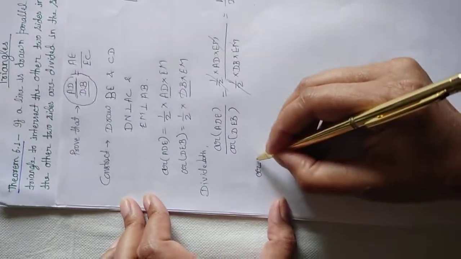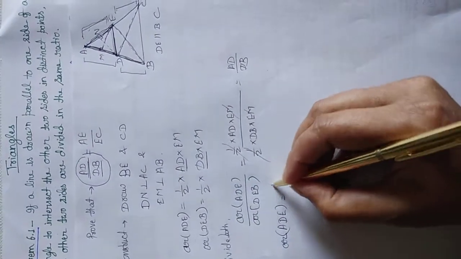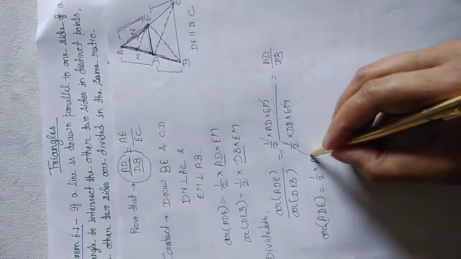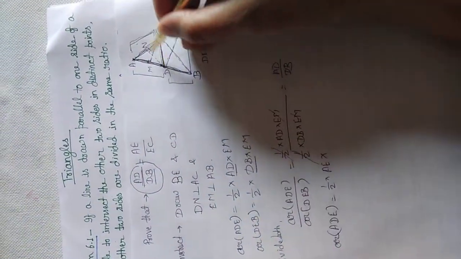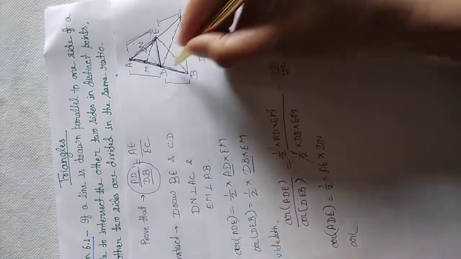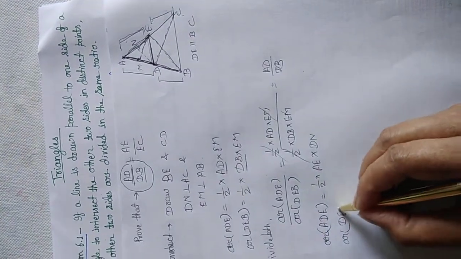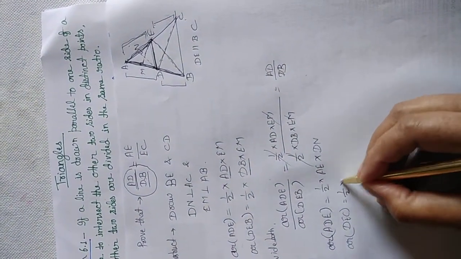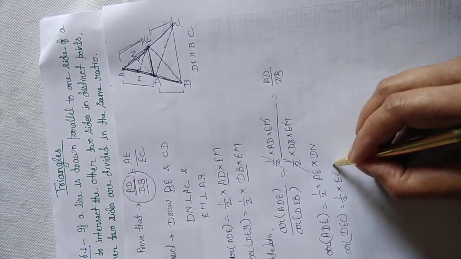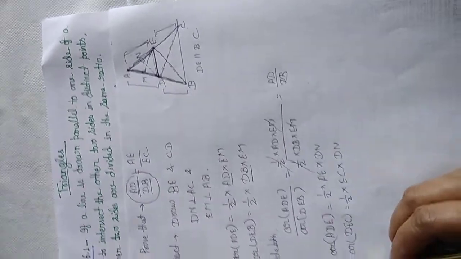So area of ADE equals half into base AE into height DN, and same, area of DEC equals half into, this time what is the base? This is the base EC, and what is the height? Height is this DN. So again divide both.